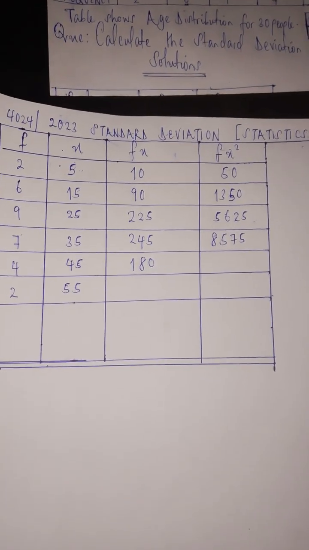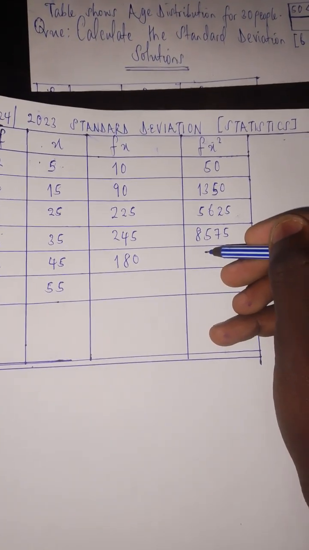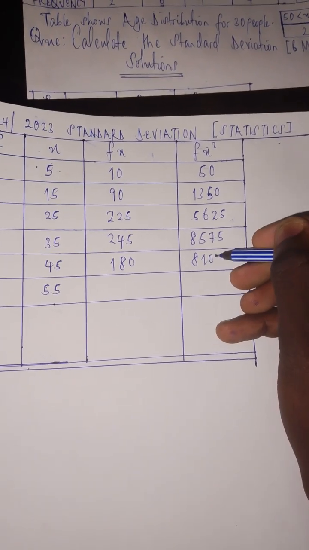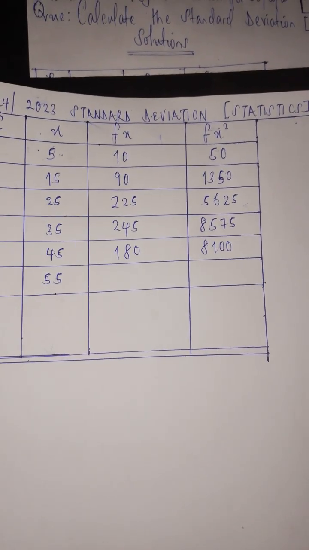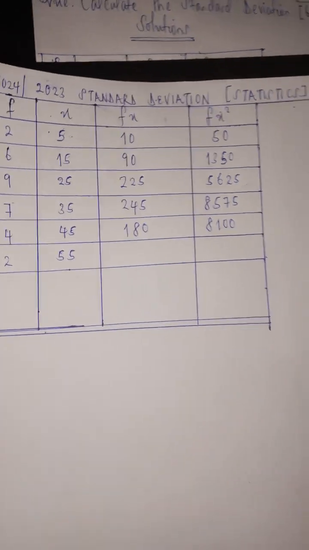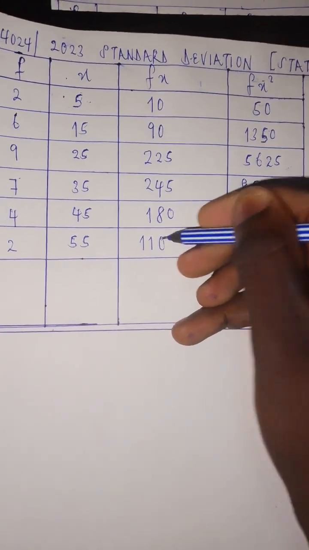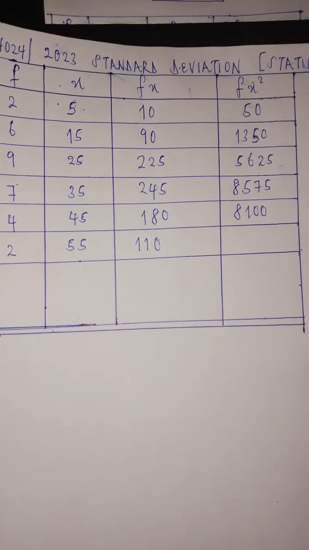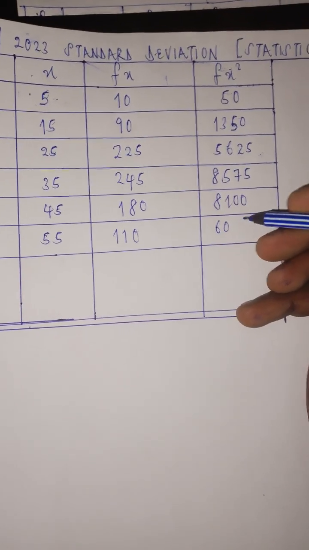Then 180 by 45, that is 8,100. Then 55 by 2, that is 110. 110 by 55, that is 6,050.